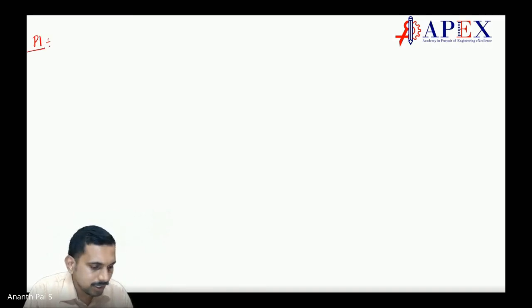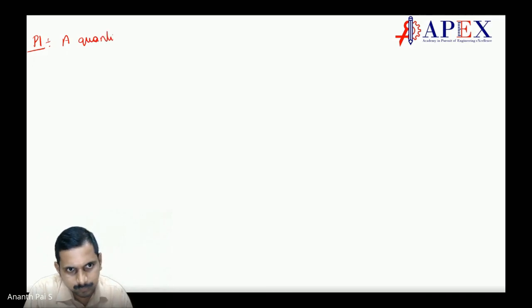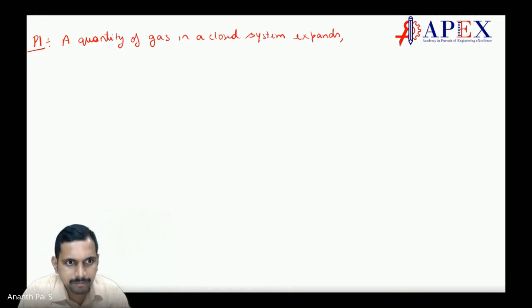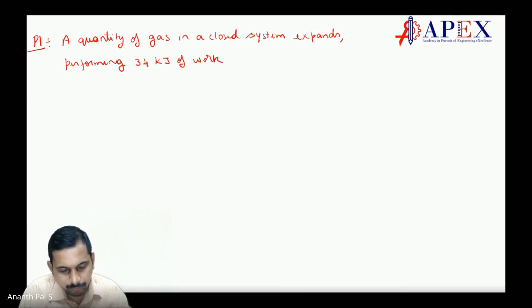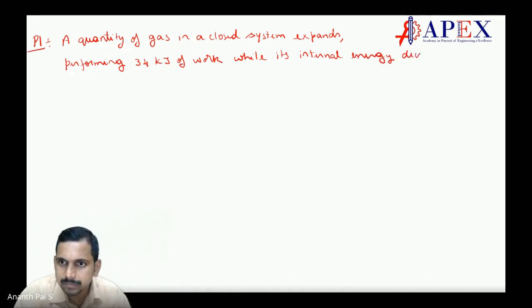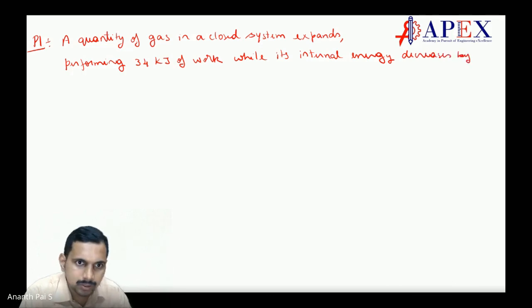A quantity of gas in a closed system expands, performing 34 kilojoules of work, while its internal energy decreases by 27 kilojoules.